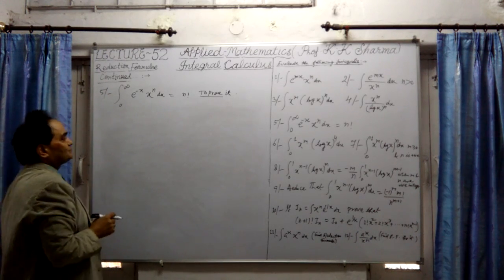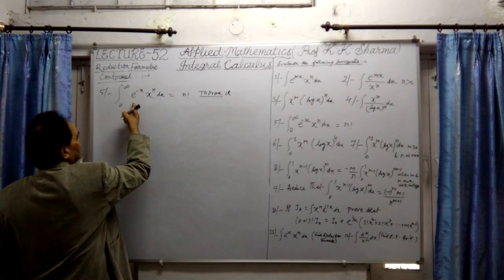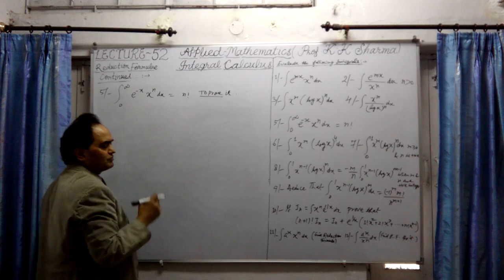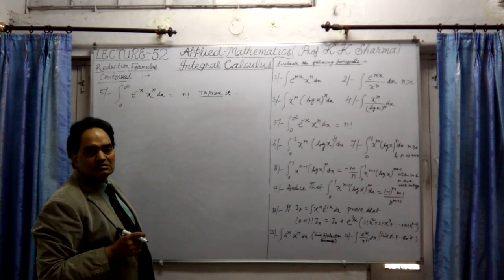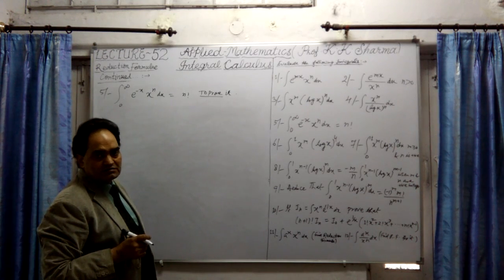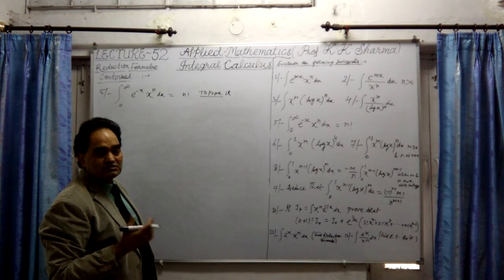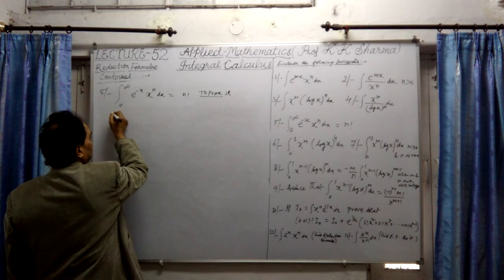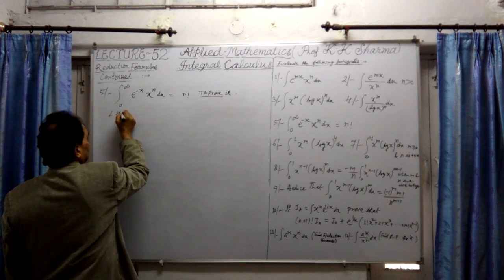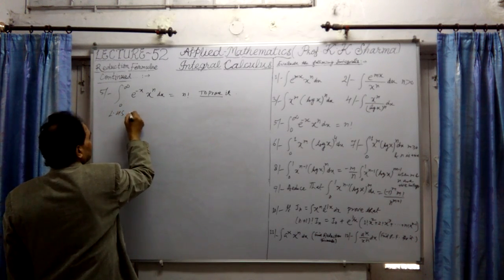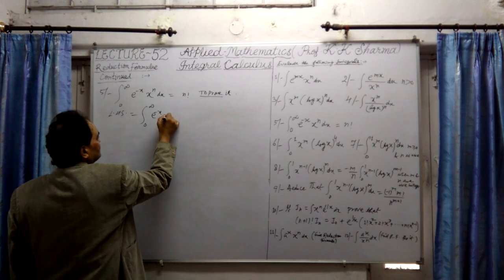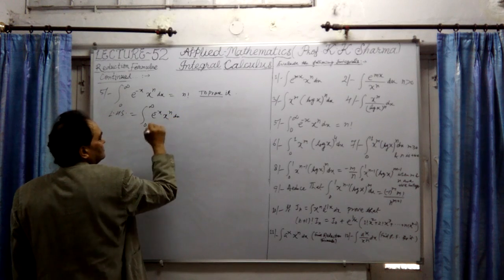Now let me take this value, integrating it by parts. We are taking the standard formula, by that e raised to the power minus x is the second function. Taking the left hand side first, the left hand side is the integral from 0 to infinity of e raised to the power minus x, x raised to the power n into dx.